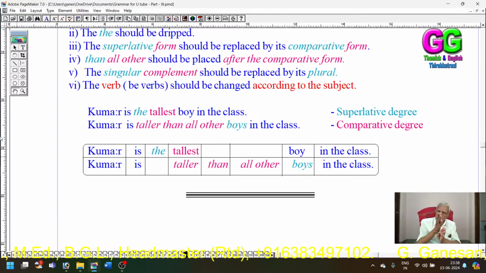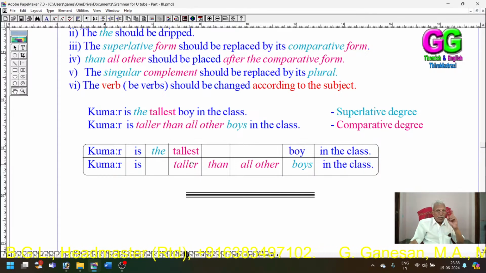When we change a positive superlative degree into comparative, we follow seven rules. First, the subject should be kept as it is. Secondly, verbs should be kept. Thirdly, the superlative words should be dropped. Fourthly, the superlative form should be replaced by the comparative form: taller, tallest.